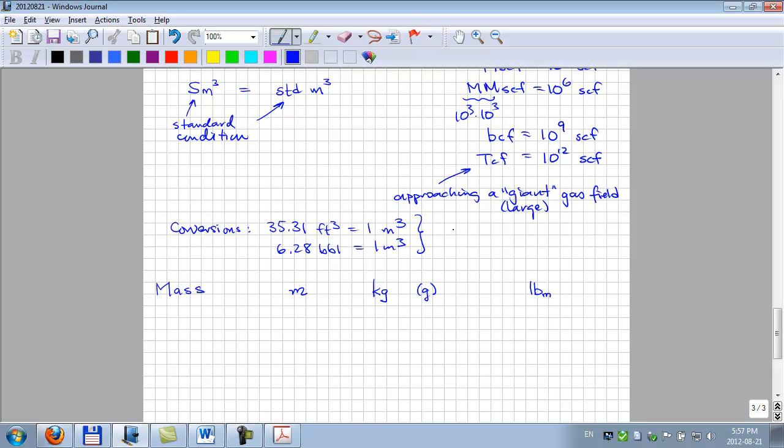And what you'll see from that is that there's 5.615 cubic feet in 1 barrel. The numbers I actually remember are 35.31 and 5.615, but I think 6.28 is also correct. Those three numbers pretty much get you everywhere you need to go on volume.